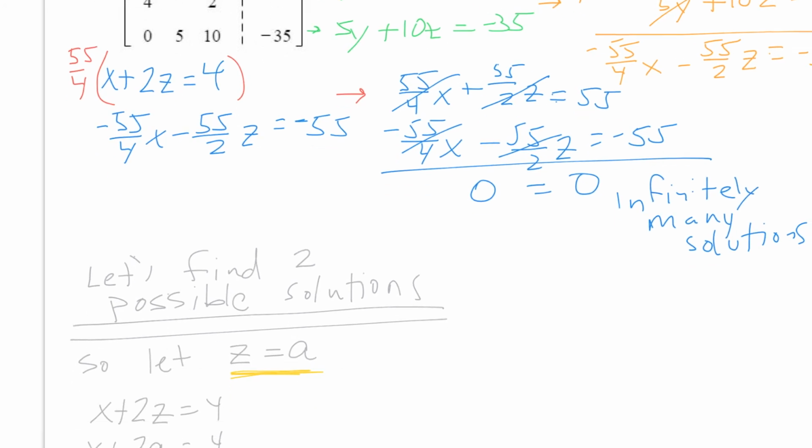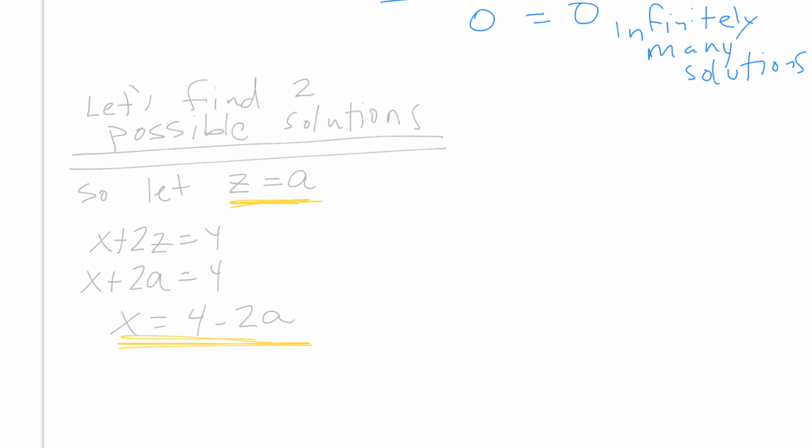So if we come back down here, I'm going to take the equation that 5y plus 10z is equal to negative 35. And now I'm going to plug a in for z. So 5y plus 10a equals negative 35.